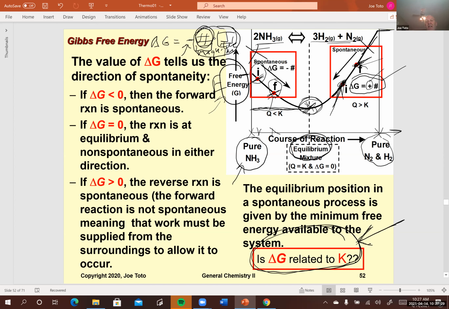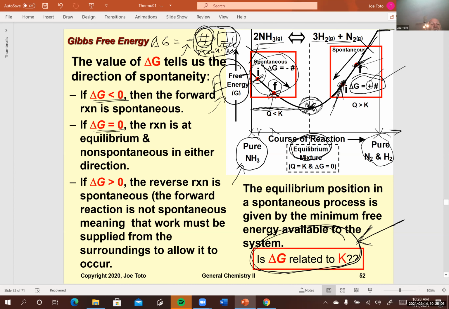All right, now having said all that, let's take a look at the signs here. Now, if delta G is negative, then the forward reaction is spontaneous, right? Just like we saw here. If delta G is 0, then we're referring to that minimum where there's not going to be any changes of Gibbs free energy because it can't get any lower.